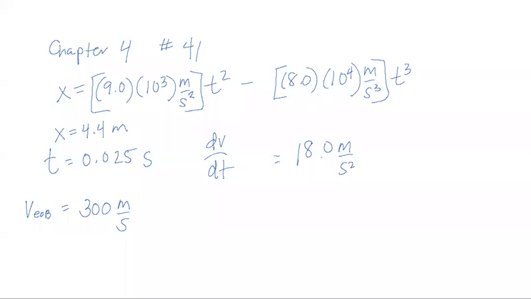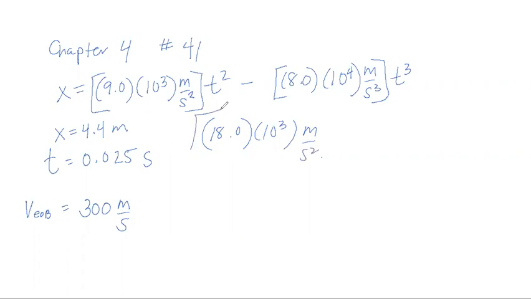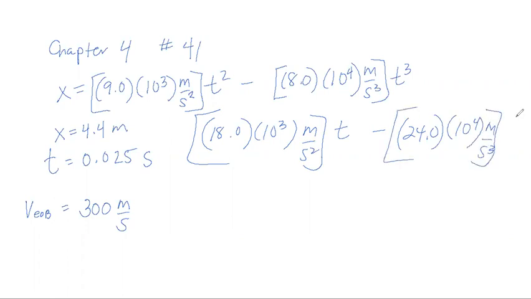All right, let me go ahead and write my expression for velocity, it'll be so much easier to take the derivative. I had v equals 18.0 times 10 to the third meters per second squared times t, minus 24.0 times 10 to the fourth meters per second cubed times t squared.